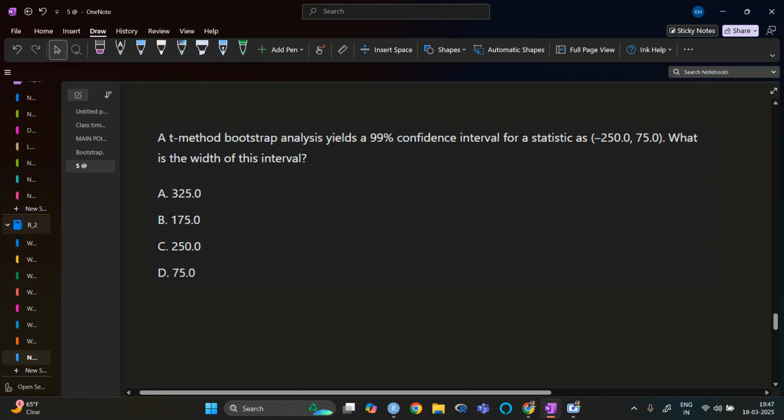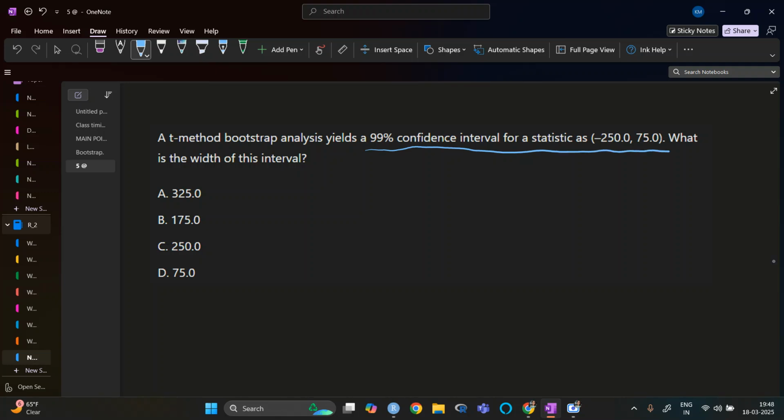Now, a T method bootstrap 99% interval. What is the width of this interval? The width is simple.